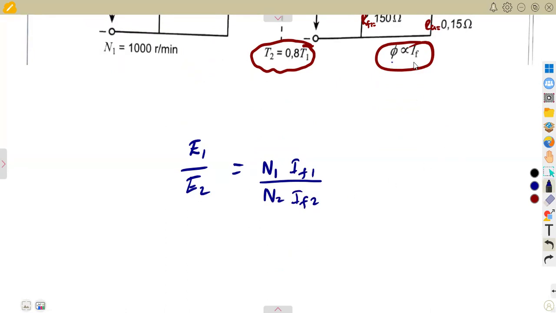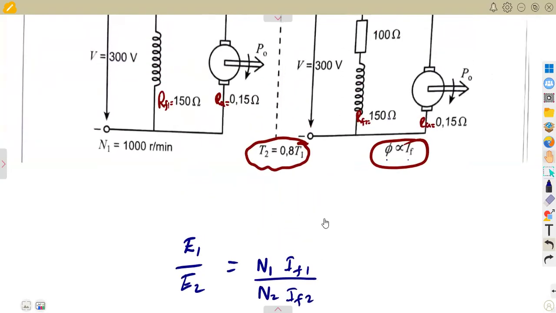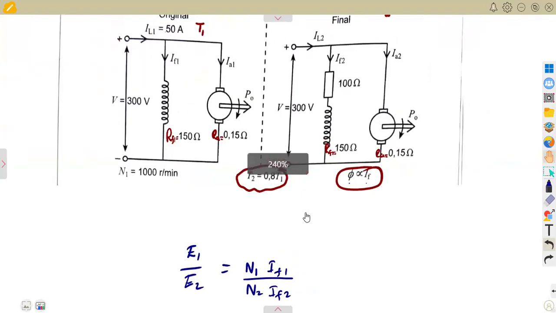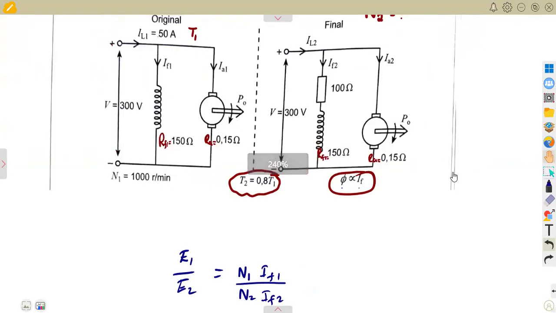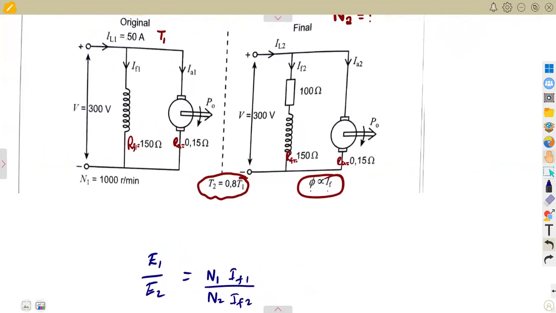Since flux is directly proportional to the field current, you can substitute the flux with the field current, because that field current can be calculated according to the diagrams we have. Remember from your Electrotechnics N4, in a shunt motor this field current is your shunt current. That is the shunt field.